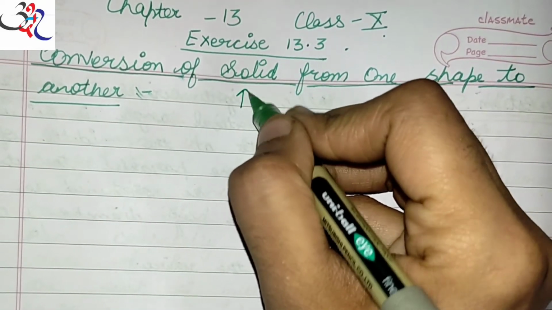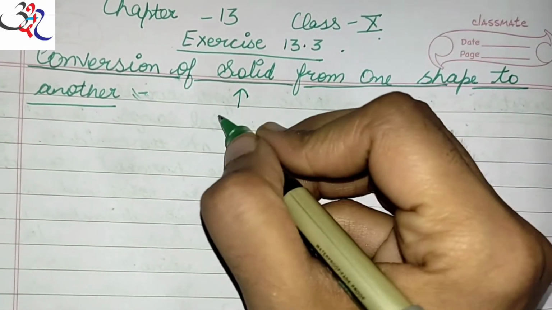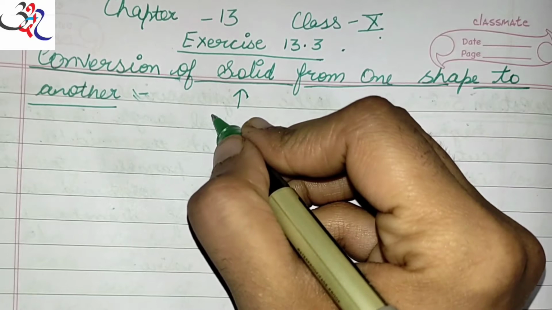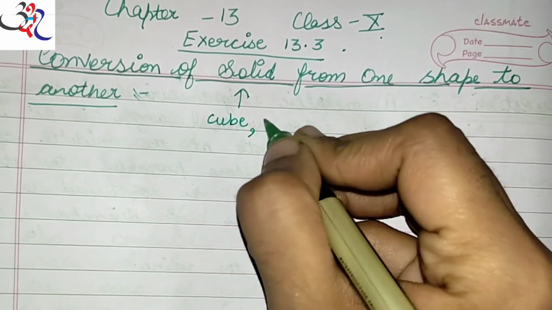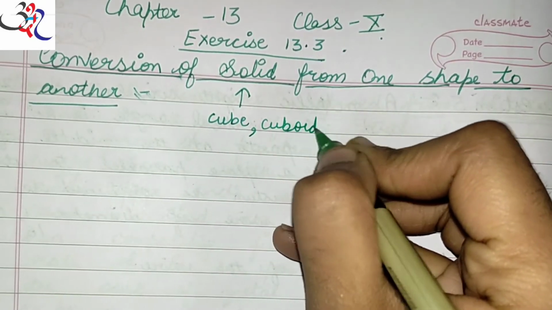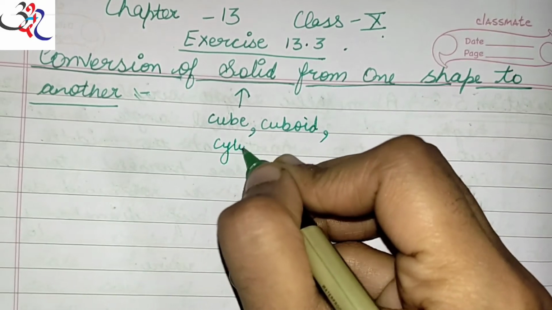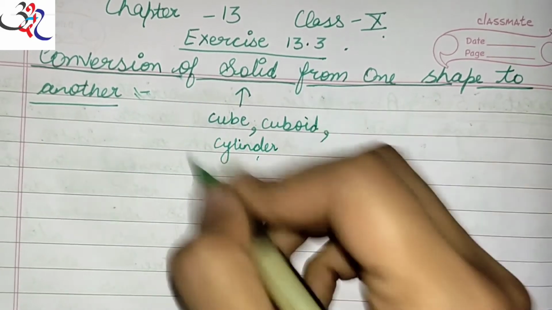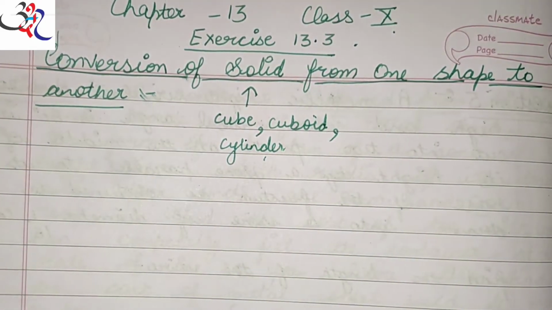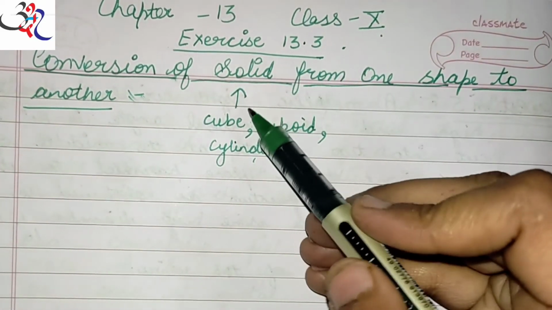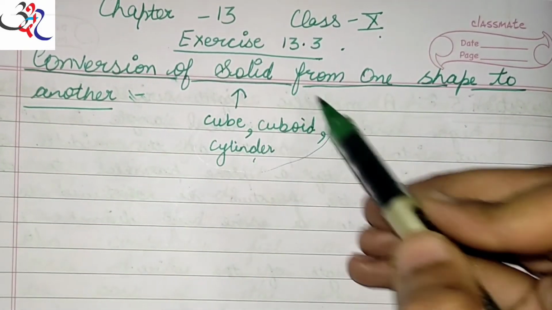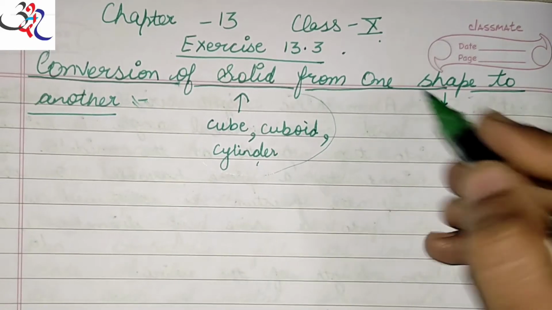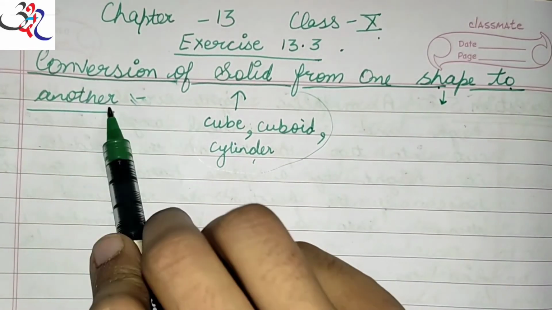Solid means any one figure that we have learned about, like a cube, a cuboid, a cylinder, or any other figure we have learned till now. This solid has been converted from one shape to another.